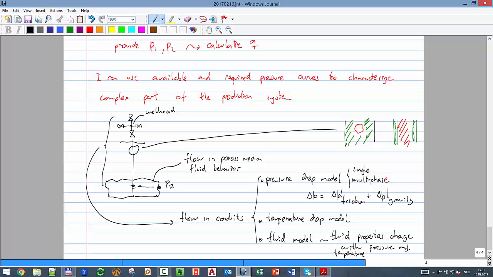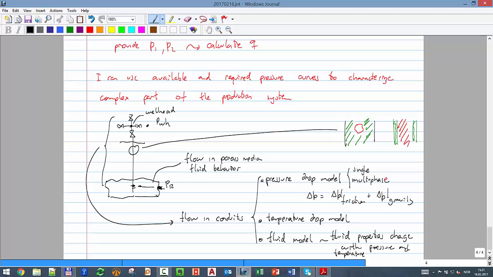Okay? But what I'm going to tell you now is a big truth. No matter how complicated these models are, how difficult they look, think of the available pressure at the wellhead. If we make the analogy with the other case, imagine that that's just a piece of pipe that I'm entering with PR and I'm calculating PWH.